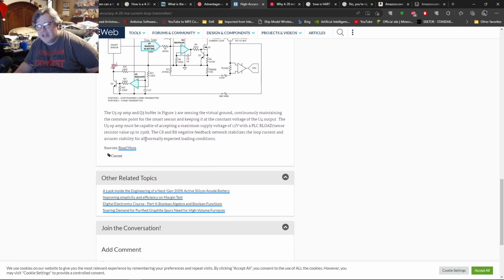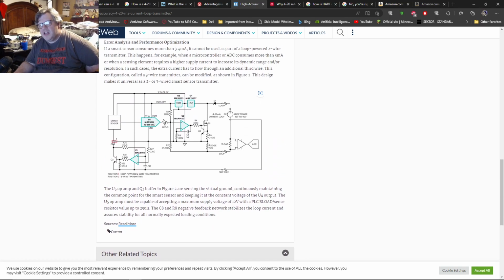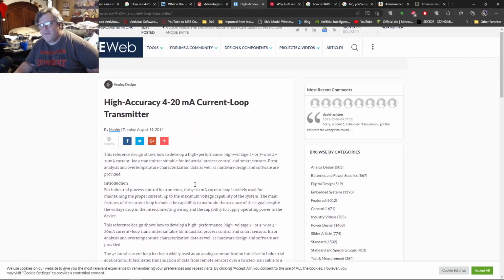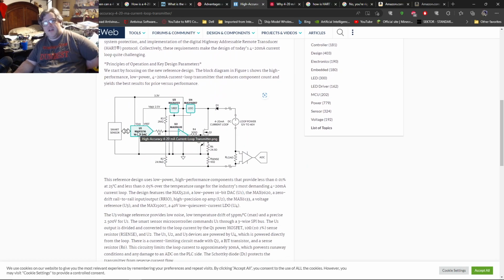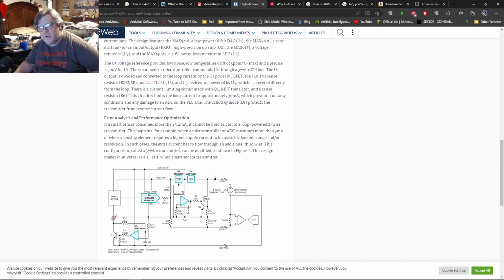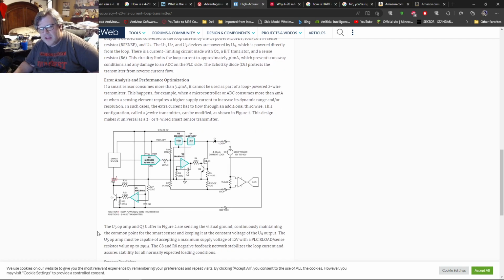So yeah, it has a high. And this explains how it's a high frequency, where basically it's done with different types of components. The U5 op amp and Q3 buffer in figure 2 are sensing the virtual ground, continuously maintaining the common point for the smart sensor and keeping it at the constant voltage of the U4 output.